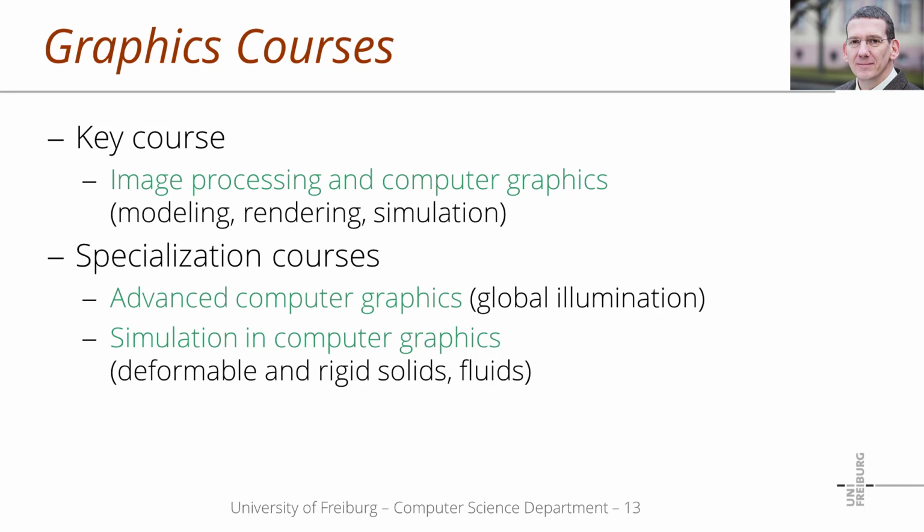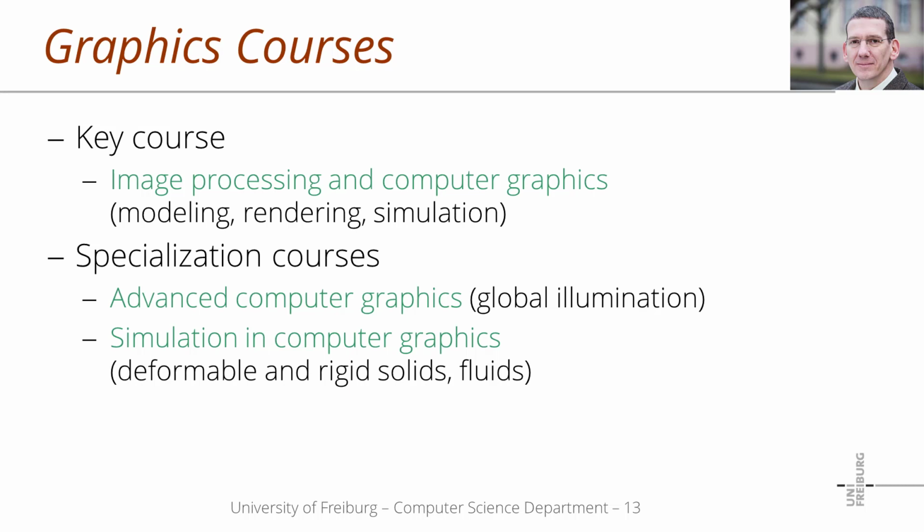In the advanced computer graphics course, we look into so-called global illumination approaches, for instance radiosity or stochastic ray tracing. In order to realize photorealistic images, it is important to capture the entire light transport in a scene. So surfaces are not only illuminated by light sources, but surfaces also illuminate each other.